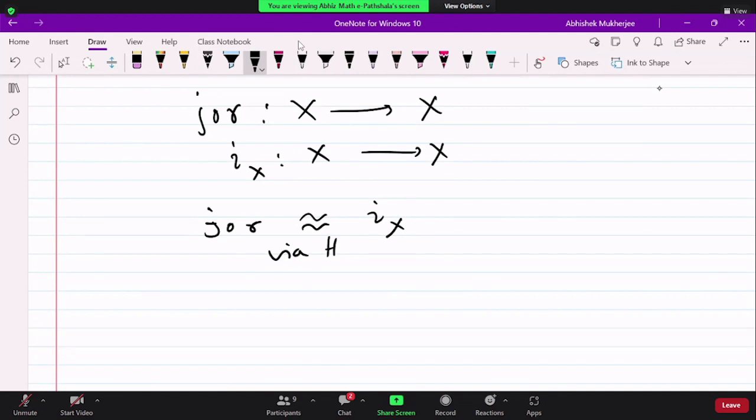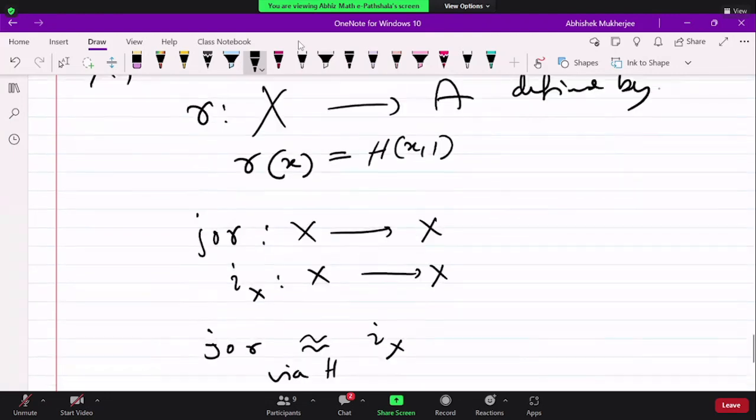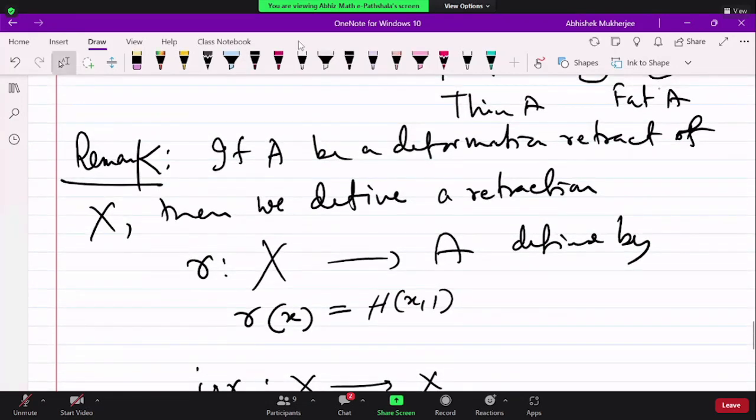Okay. And how will this notion of deformation retract help us in determining fundamental groups?